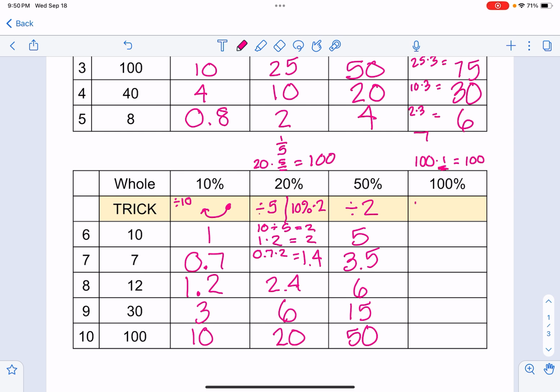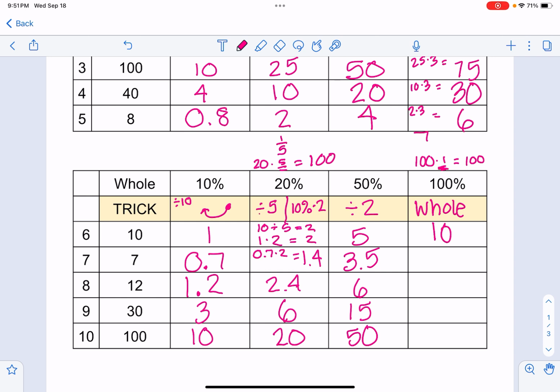It's whatever we have written in the whole column, or in other words, itself, that will be the answer for 100%. So for example, 100% of 10 is 10. All right, pause and finish.